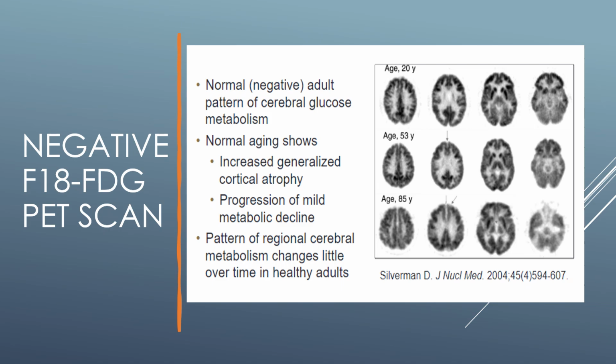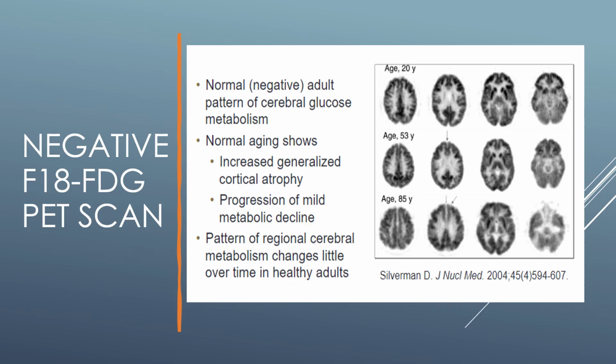So this is a normal study. You will see that there is regional cerebral metabolism. You'll see that there is a lot of gray matter, not a lot of white matter, and you want to look for symmetry.